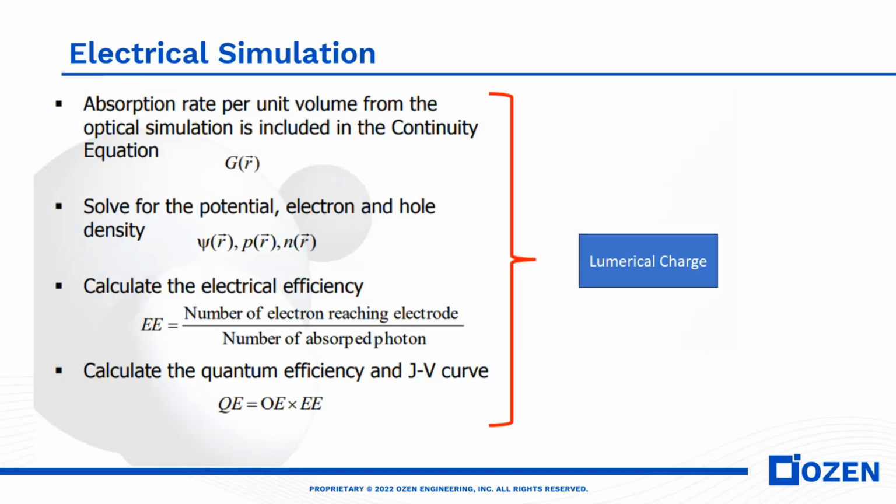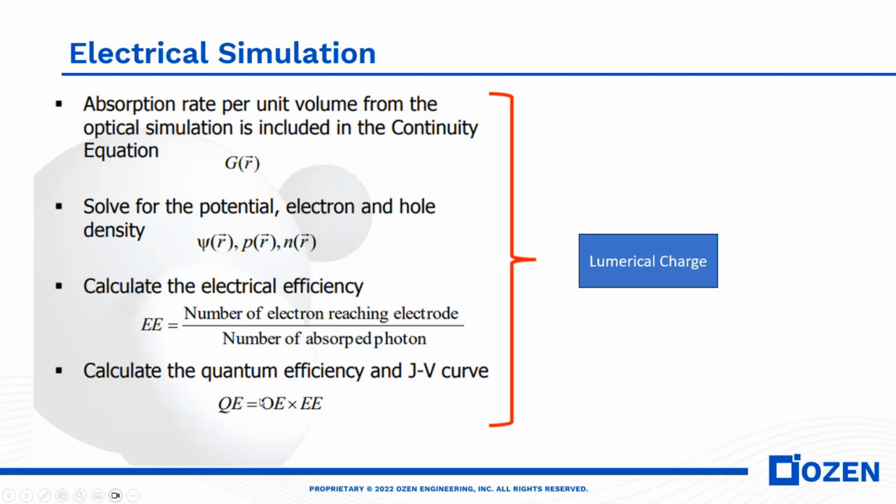After we calculate the generation rate, we can use the continuity equations and calculate the electron and hole density and potential. After that we can calculate the electrical efficiency, which is defined by the number of electrons reaching electrodes to the number of absorbed photons.